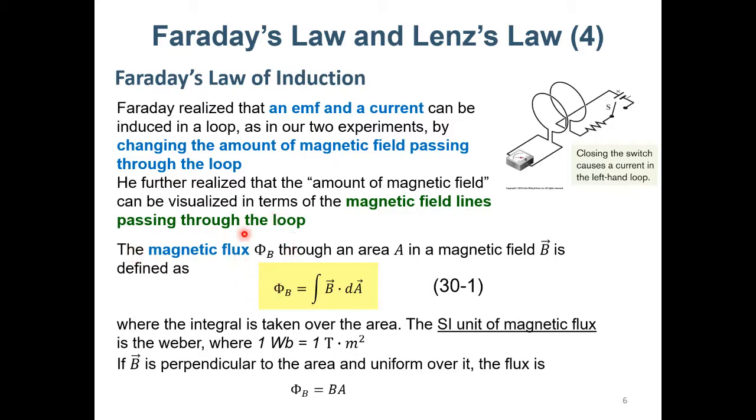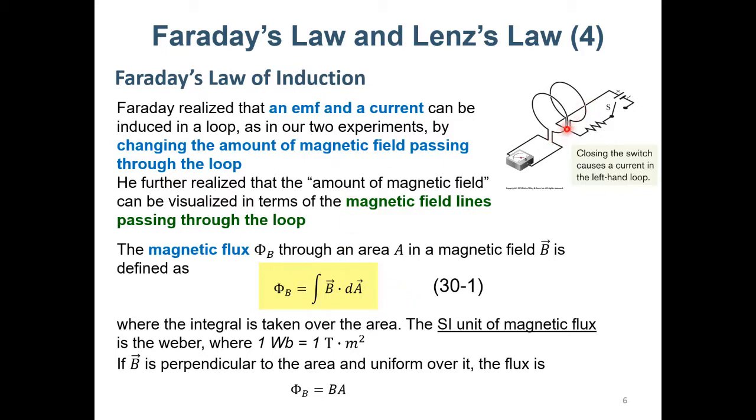We denote it as phi B through an area A. The magnetic flux phi B is defined as the surface integral of the magnetic field. Of course, according to Gauss's law for magnetism, if it is a closed surface, this term should be 0.